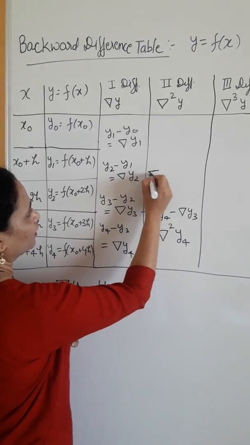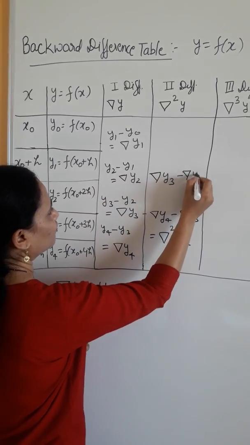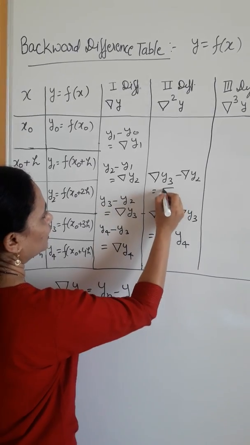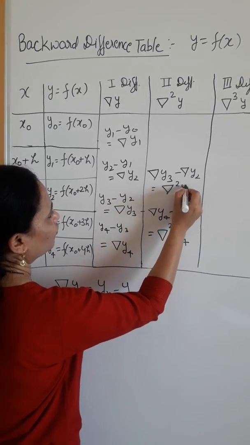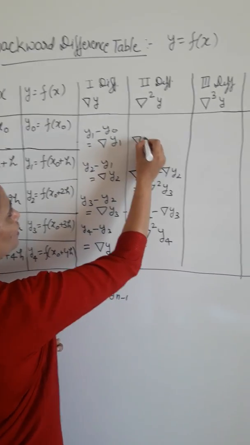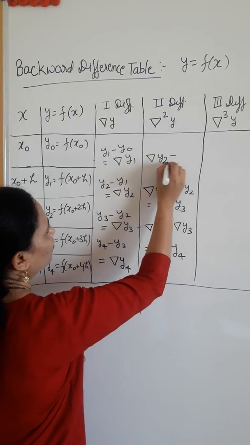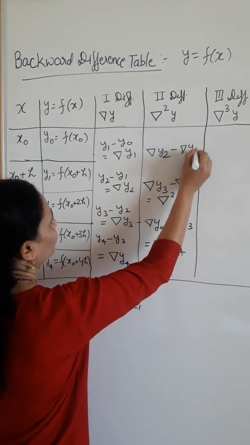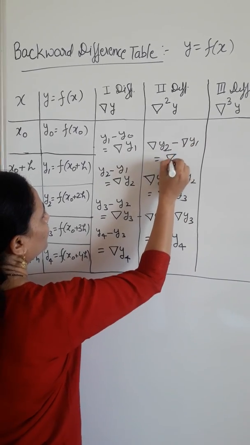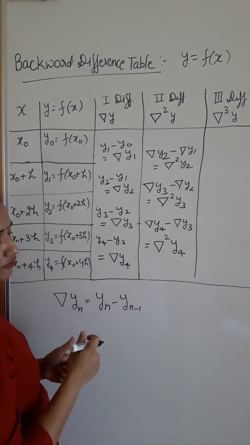Similarly, nabla y3 minus nabla y2. This is nabla square y3. This is nabla y2 minus nabla y1. This is nabla square y2. This is just the second difference.